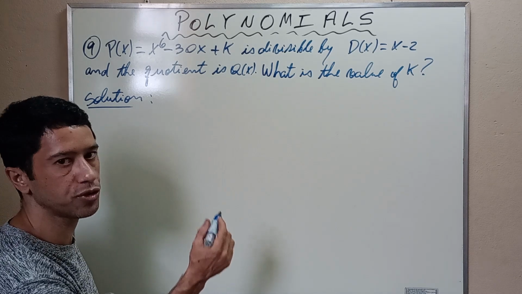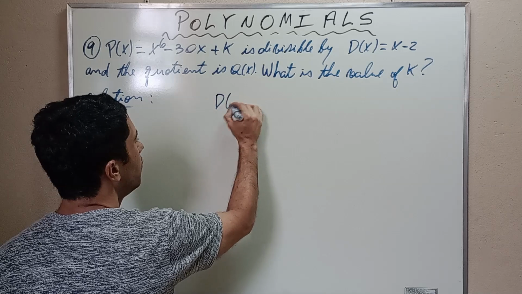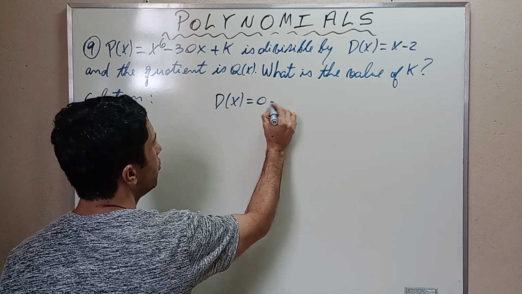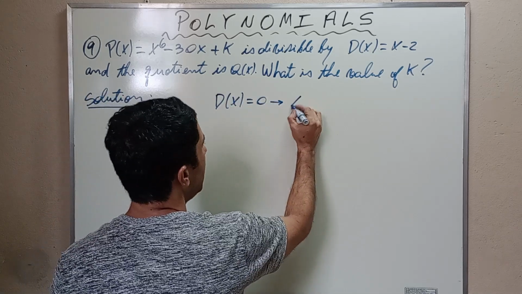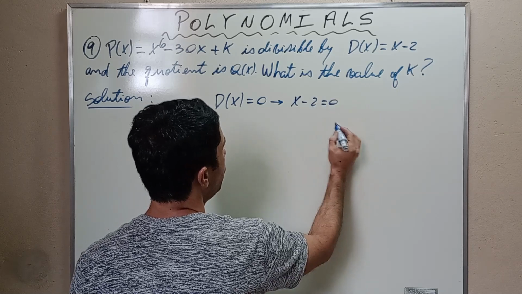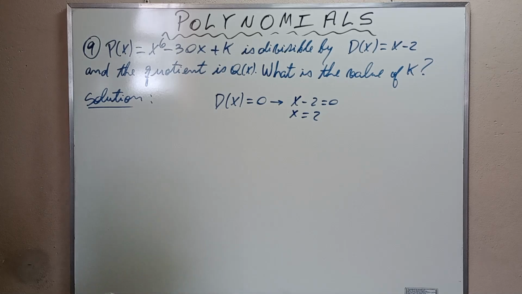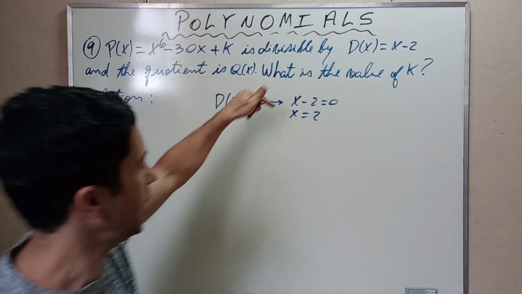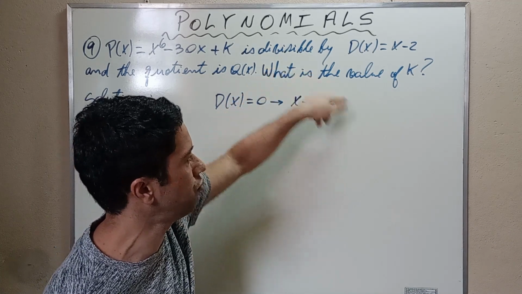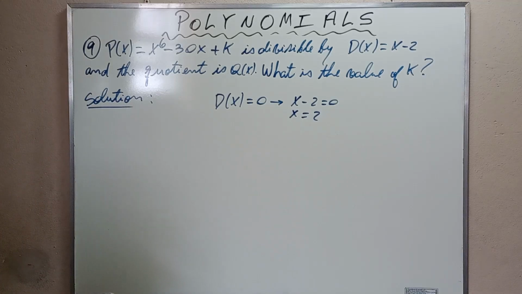We make D of x equal to 0, x minus 2 equal to 0, x equal to 2. 2 is the root of D of x, because if I put 2 here, 2 minus 2 is 0, okay? It is the only root.